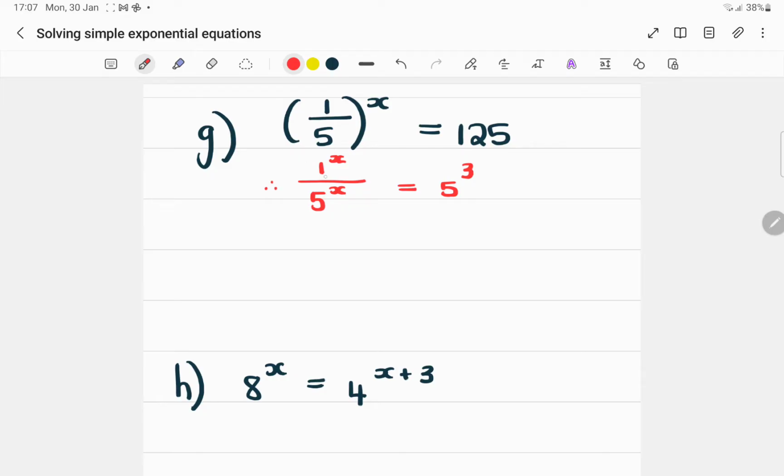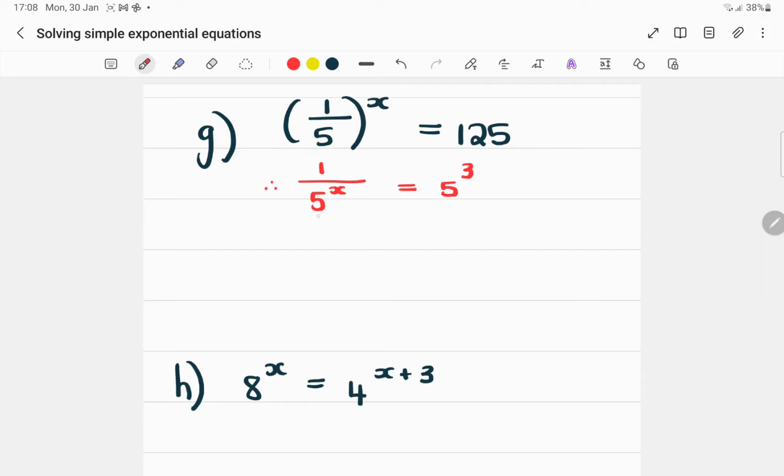But now, if you look closely here, 1 to the power anything, 1 to the power 5 is 1. 1 to the power 10 is 1. So can you see that we can, in actual fact, not write that x? Because 1 to the power anything will always stay 1.